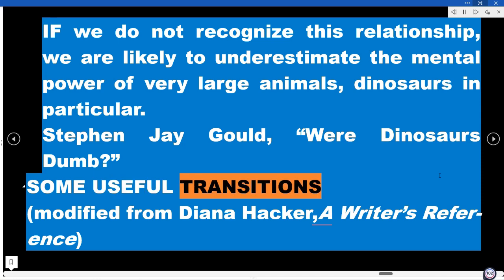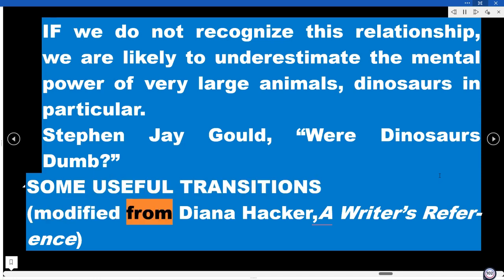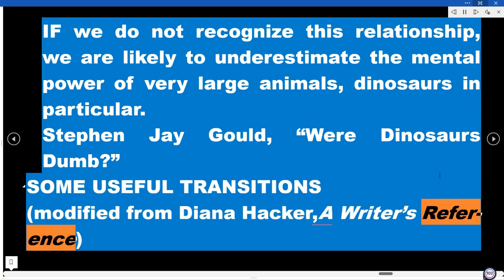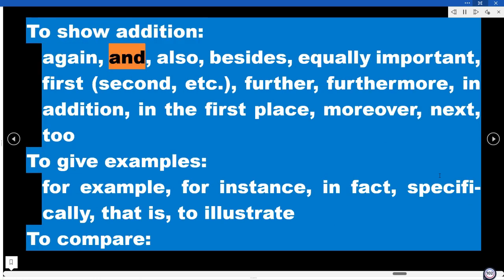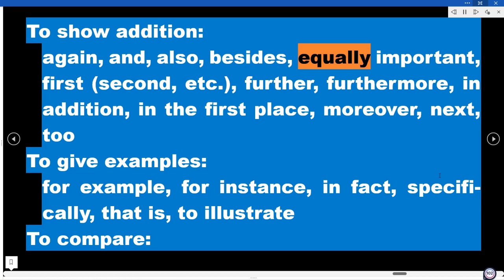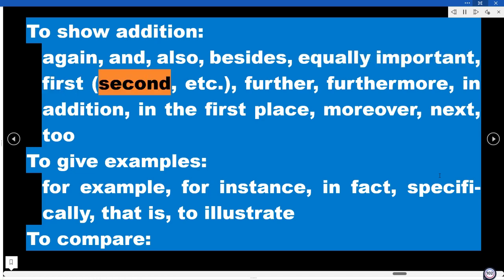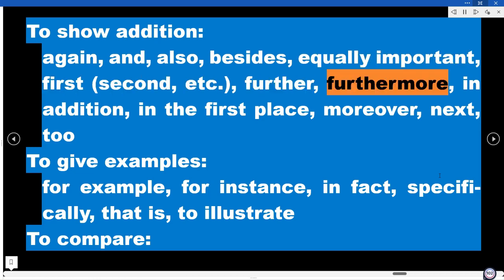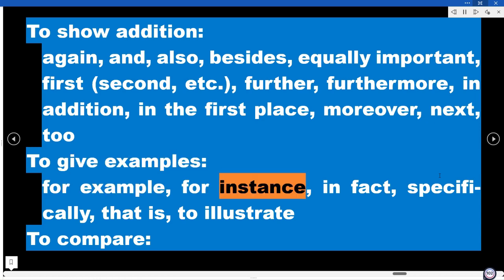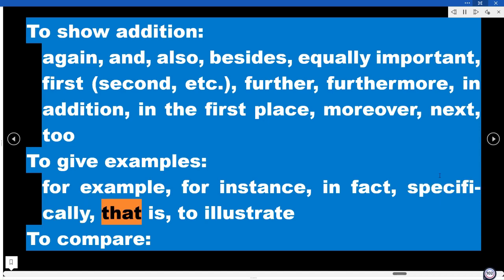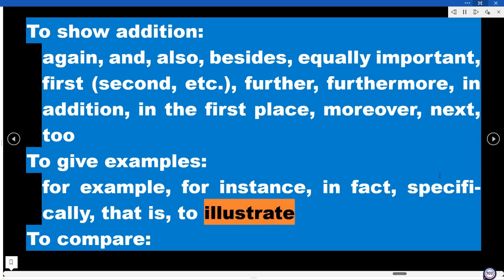Some useful transitions. Modified from Diana Hacker, A Writer's Reference. To show addition: again, and, also, besides, equally important, first, second, etc., further, furthermore, in addition, in the first place, moreover, next, too. To give examples: for example, for instance, in fact, specifically, that is, to illustrate.